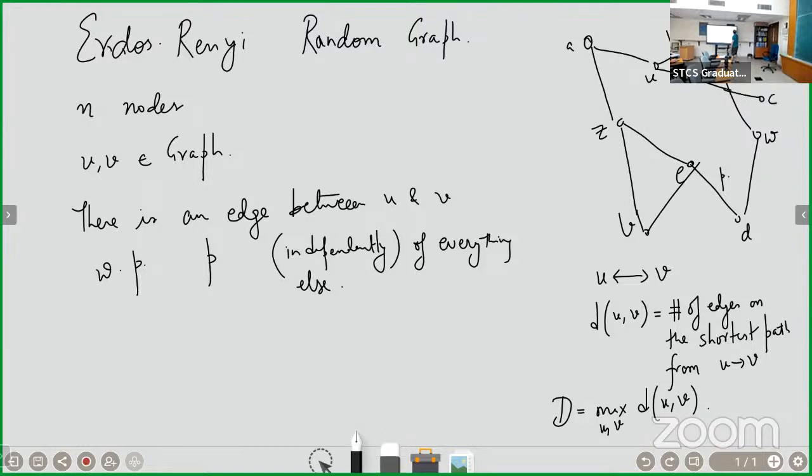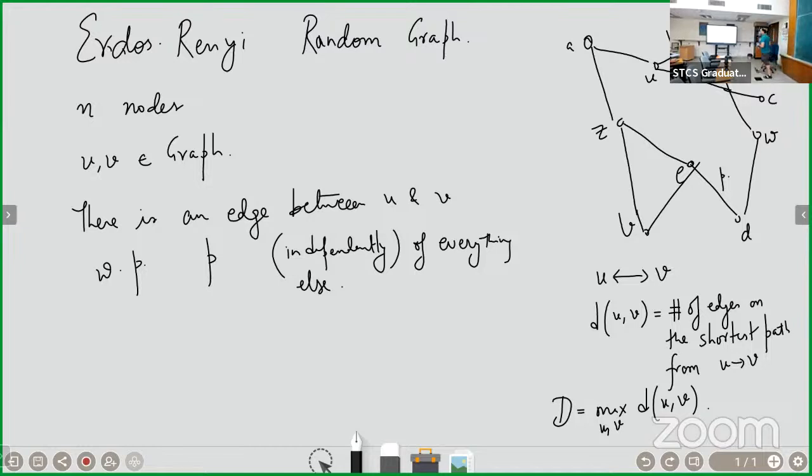So this cutting doesn't mean anything. Now what's the diameter of the graph? Which nodes appear the farthest? A and D?